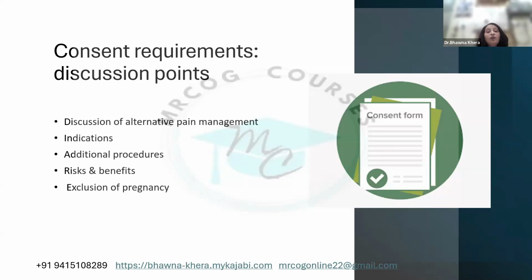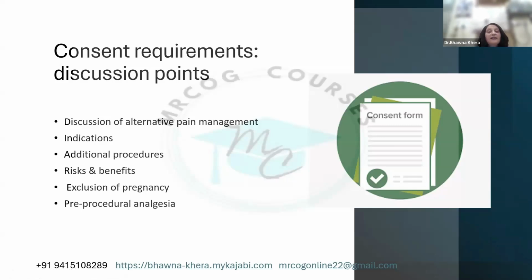So: discussion of the alternative pain management, indications, additional procedures, risks and benefits, and exclusion of pregnancy. These are the important points which we need to talk about when we are going for the consent requirements. So part 3 people, if they are going to get the consent station, then they have to explain all these things in their station, and this will formulate the content.